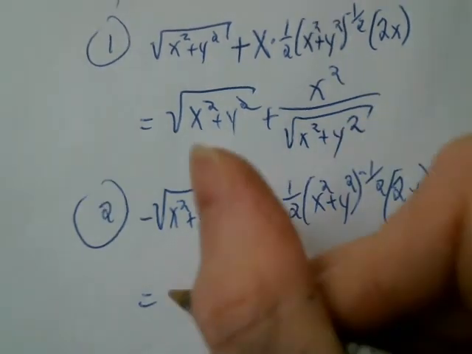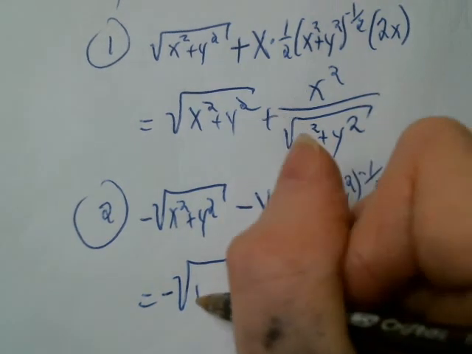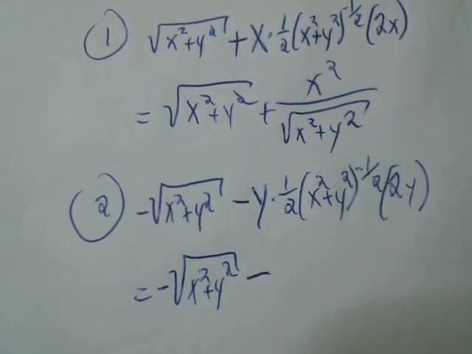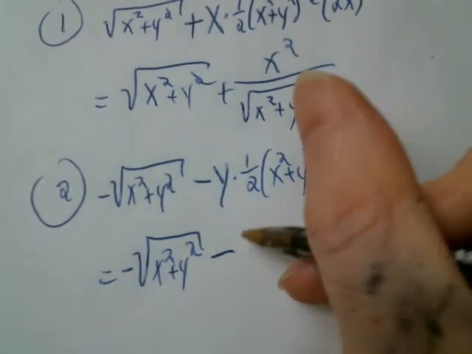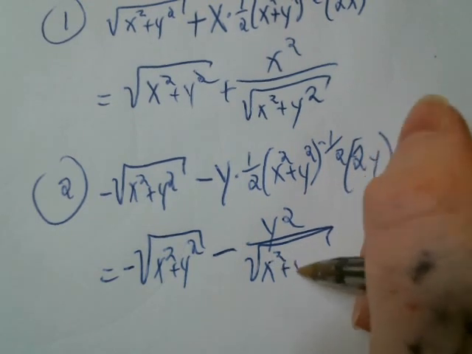So I'll end up with negative square root x squared plus y squared minus then y squared all over square root of x squared plus y squared.